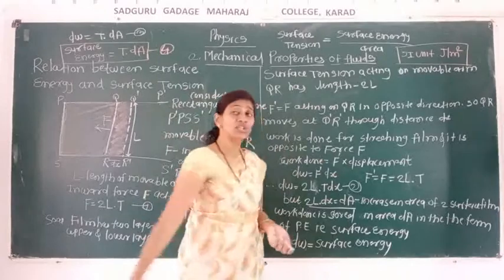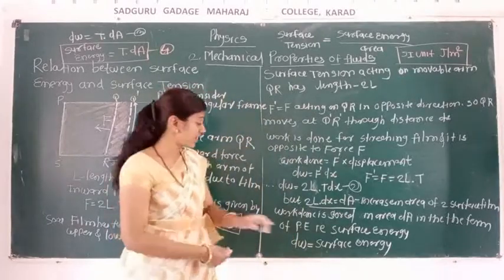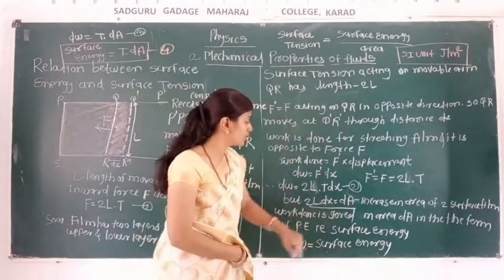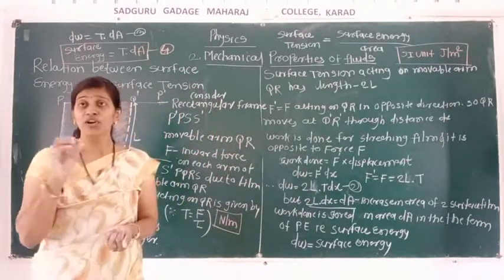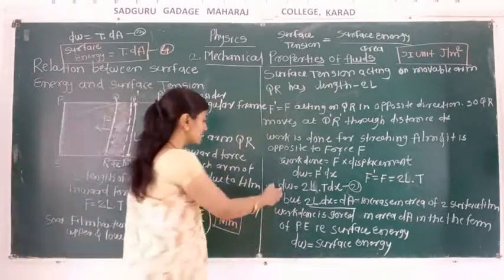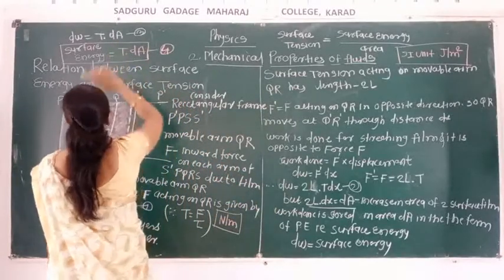But we are getting a new quantity, the increase in the surface area. So 2L into dx is equal to dA. It is the increase in the surface area of the two-surface film. So by putting this value, here we are getting dA.